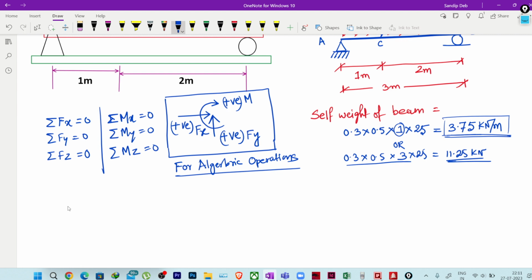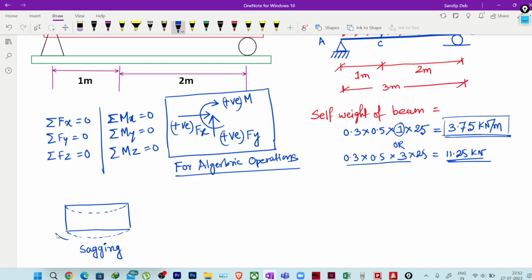Suppose we have a beam like this, and if it is bending like this, this is for the algebraic equation. Now we are talking about the bending moments. If it is bending like this, the bottom is in sagging due to application of load.